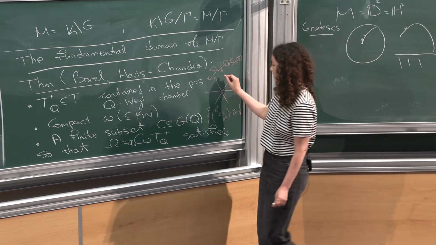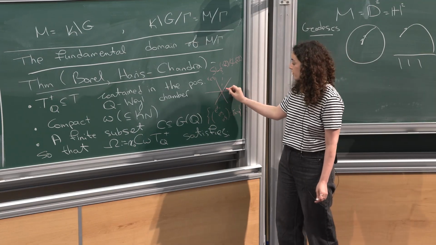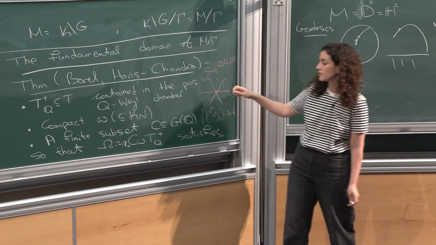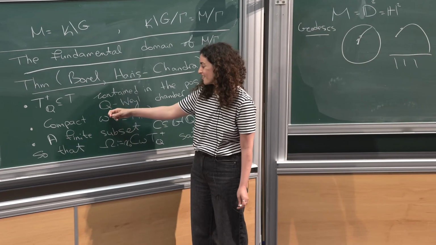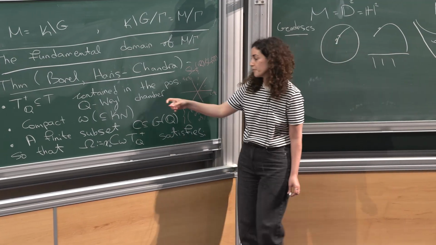Then you can look at this group up to reflections and get that this would be a connected component, and this is called, again, this was already mentioned in one of the talks, the Q-Weyl chamber.